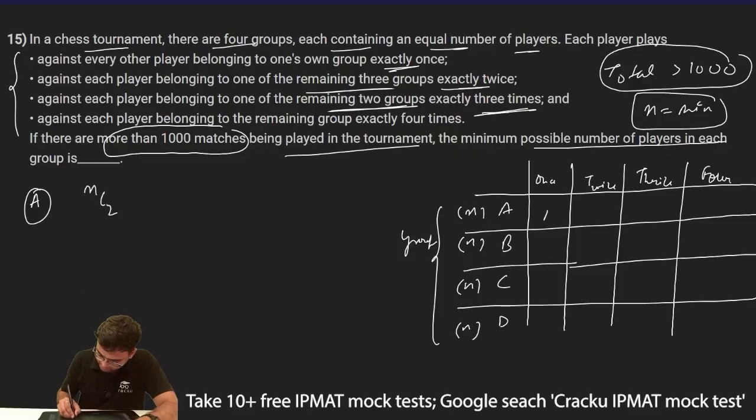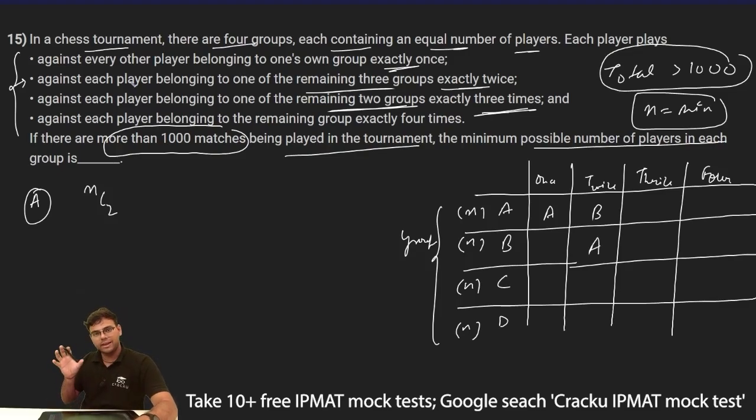So within A, they will play against A only. Now let's say they are playing against B twice. That is the second condition for group A, that they have to play against each player belonging to one of the remaining 3 groups, B, C, D. Let's say this is B. So against B, they are playing 2 times. If A is playing against B 2 times, then it is very much sure that B will also play against A 2 times.